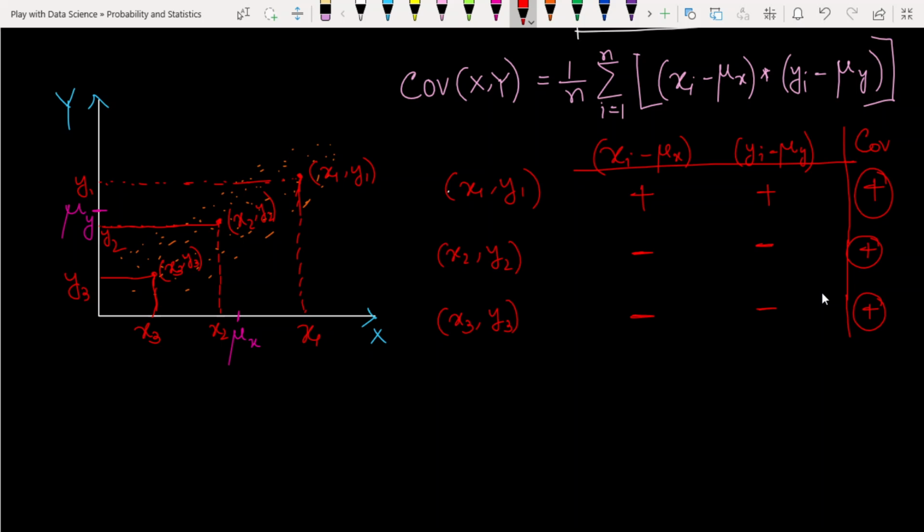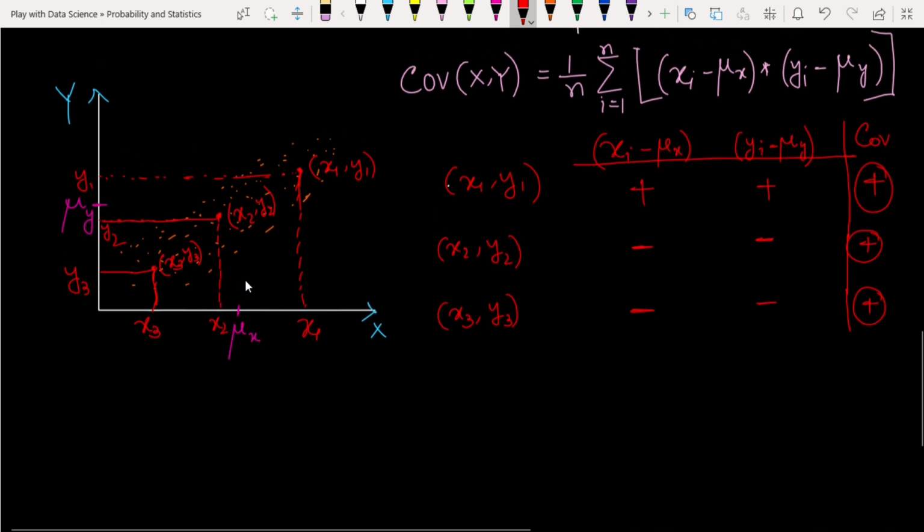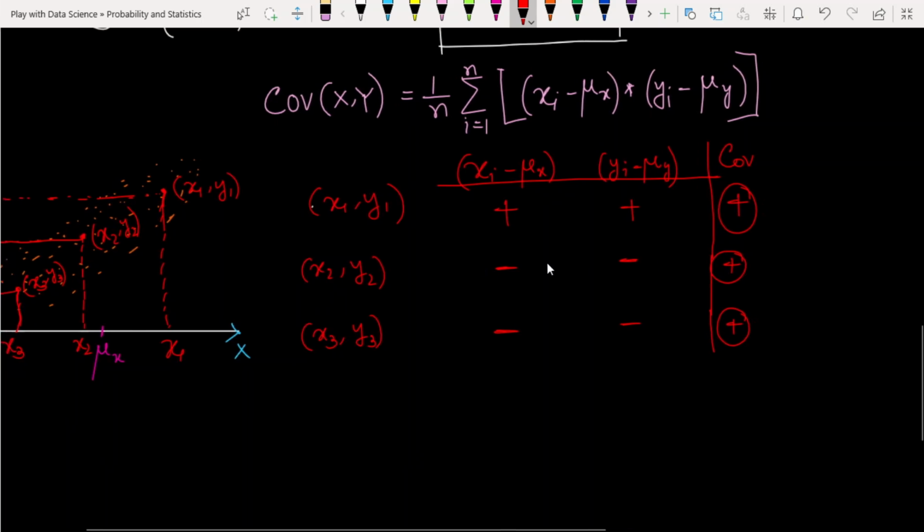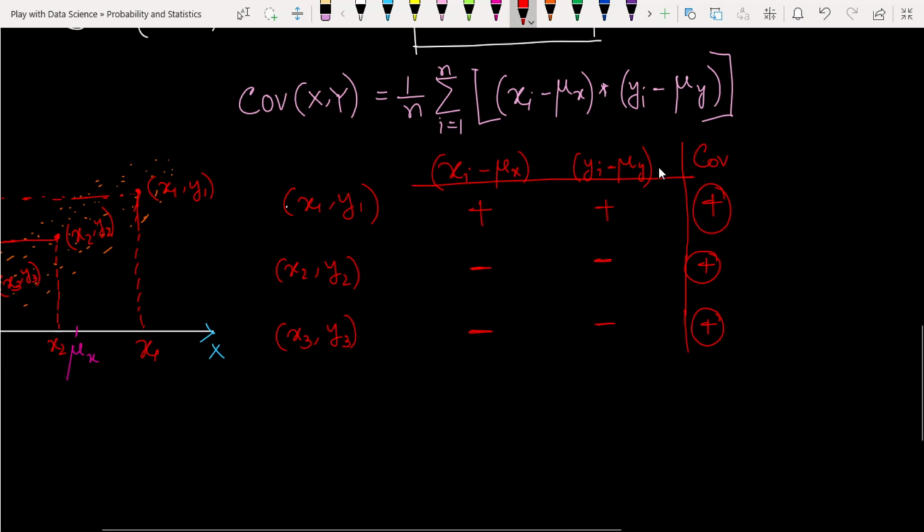Now the question is, sir, how much positive should it be? Just see this first. For x1 and y1, the distance from the mean is much more. So for points that are much farther from the mean point, this value will be larger.